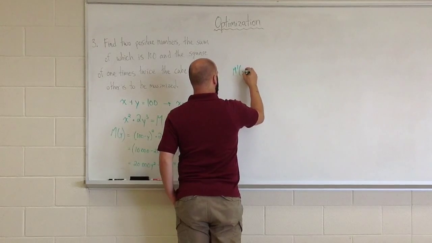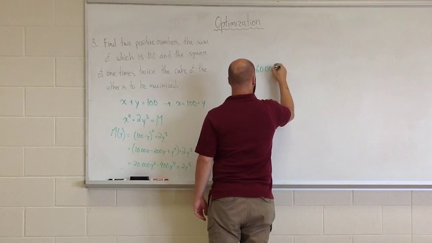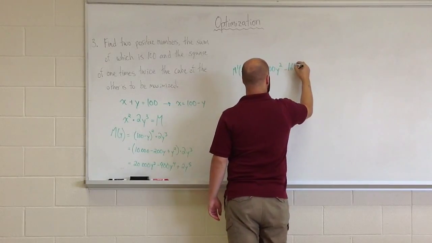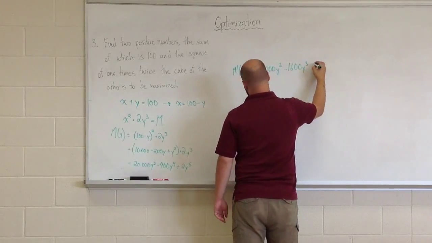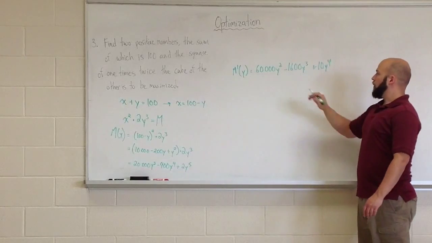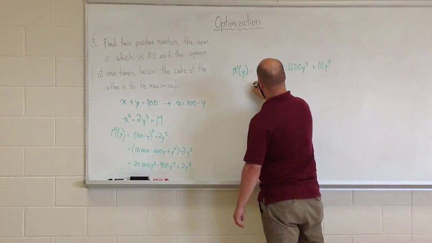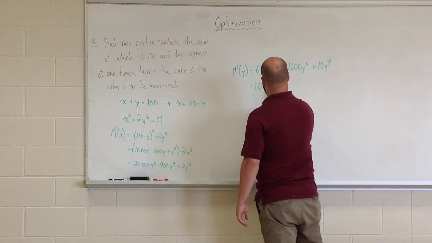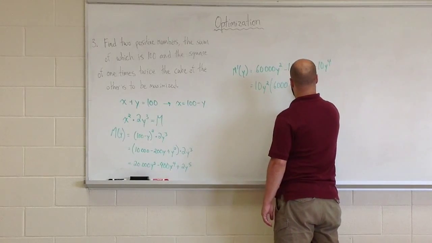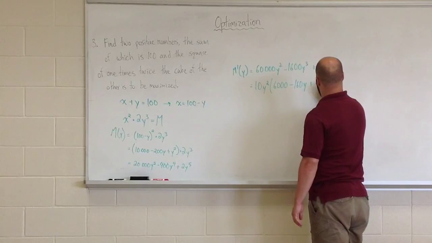m prime of y is going to be 60,000y squared minus 1,600y cubed plus 10y to the 4. Once we have that, we can factor out 10y squared immediately: 10y squared times (6,000 minus 160y plus y squared).